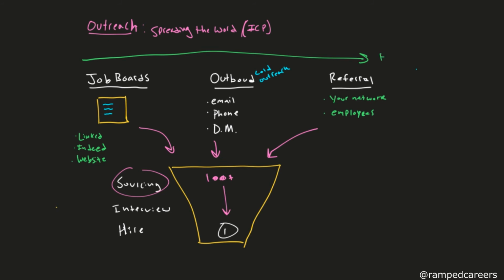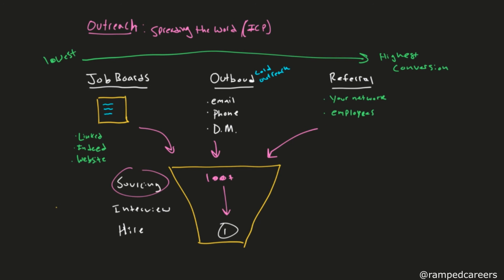This is, let's say, the highest conversion and lowest conversion. So job boards, think about a job board, right? Who's applying on a job board? Literally anybody, right? Anyone can just go and click apply.